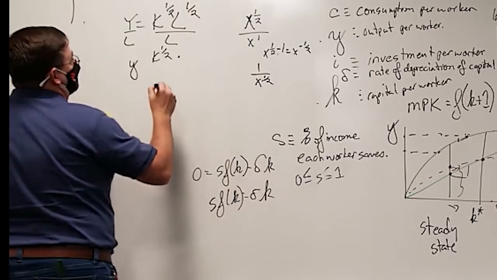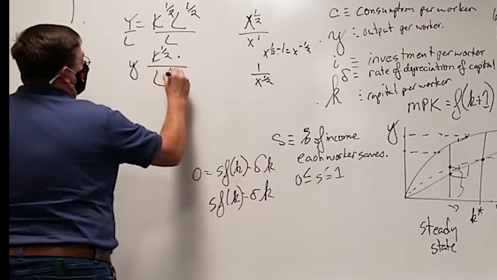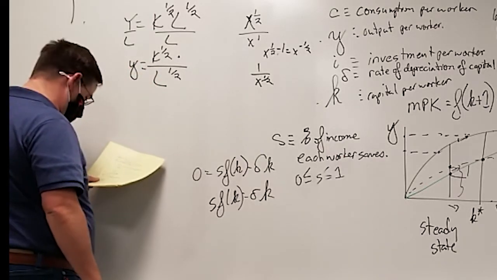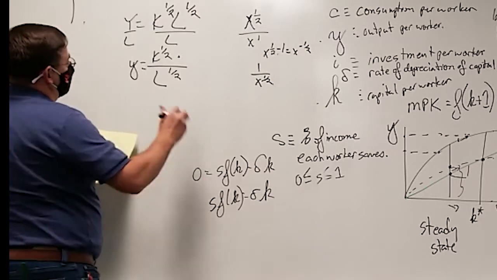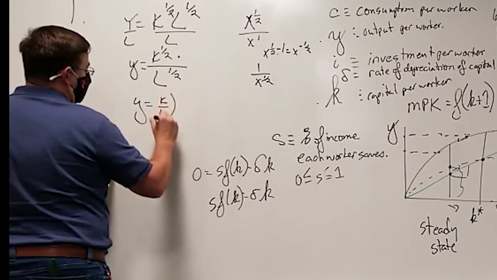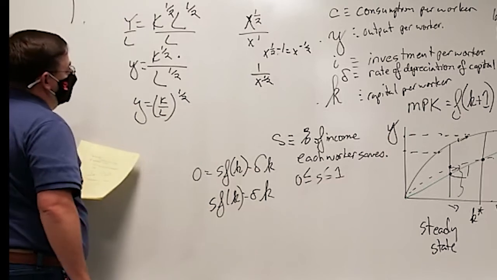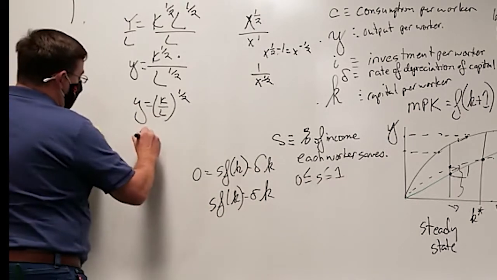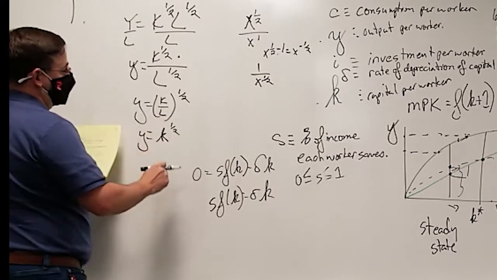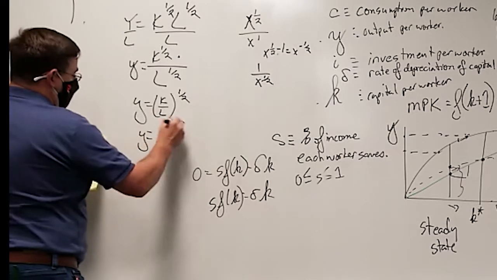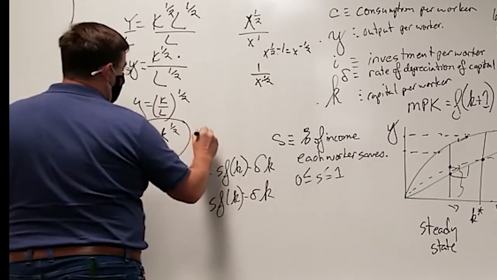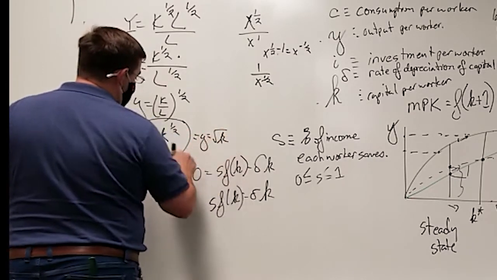In other words, I end up with L to the 1/2 here. Or I end up with y equals K over L to the 1/2 power, or y equals little k to the 1/2 power, because K over L is still equal to little k. So this is relatively simple when compared to the big functional stuff that I was doing earlier. Another way to think about this is simply to say that y is equal to the square root of k, which is what that means.